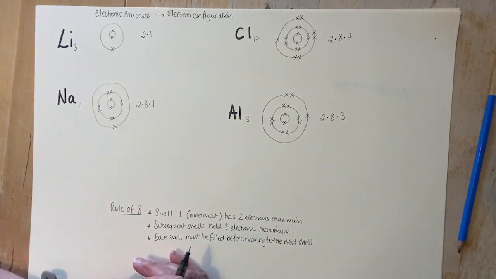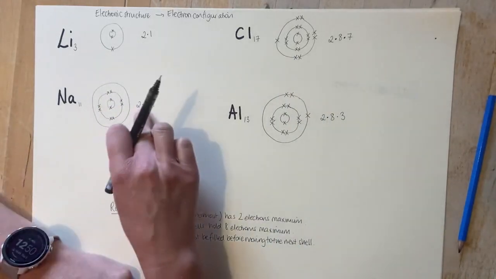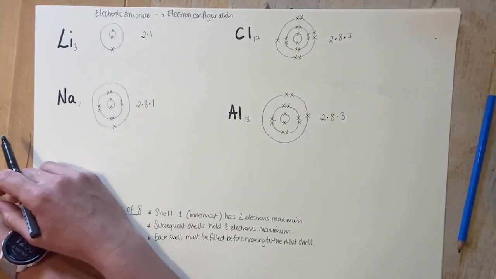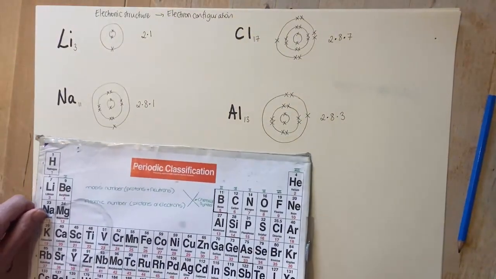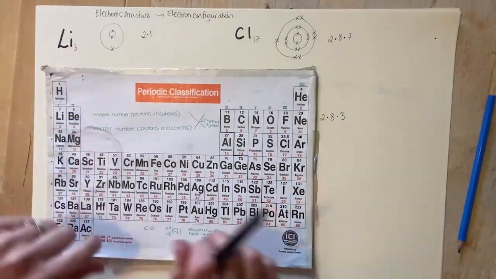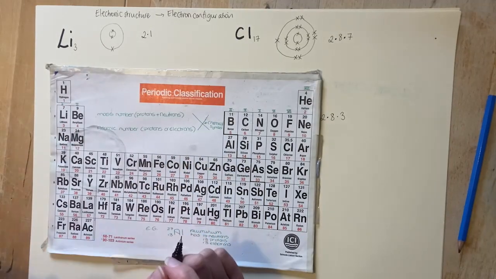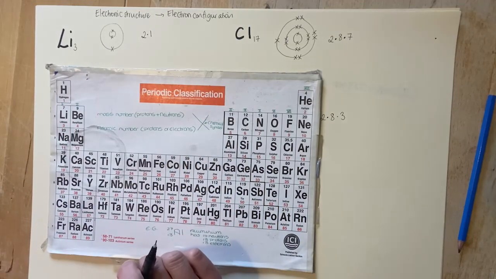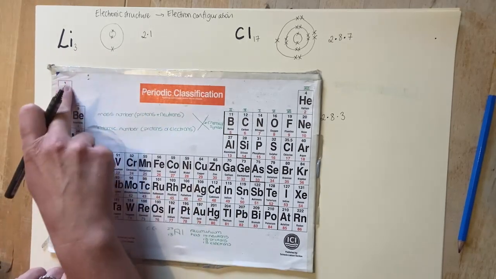Right, now, something that we can use this information for is to find any trends in the periodic table. Now let's look at lithium to start with. We can use our electronic structure and configuration to help us to decide on the trends that we can see. Now, lithium is in group 1.